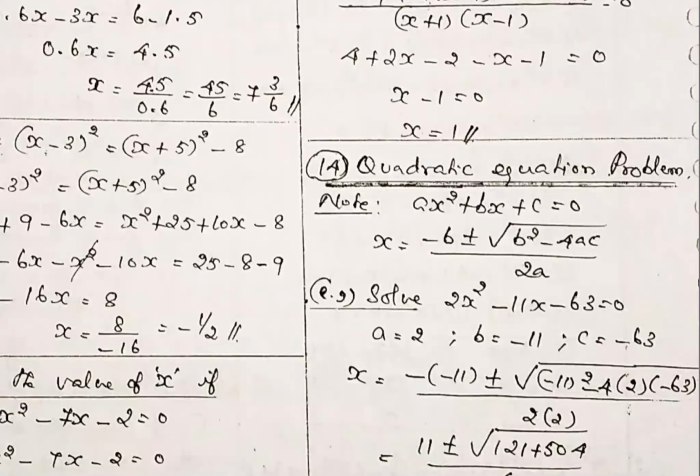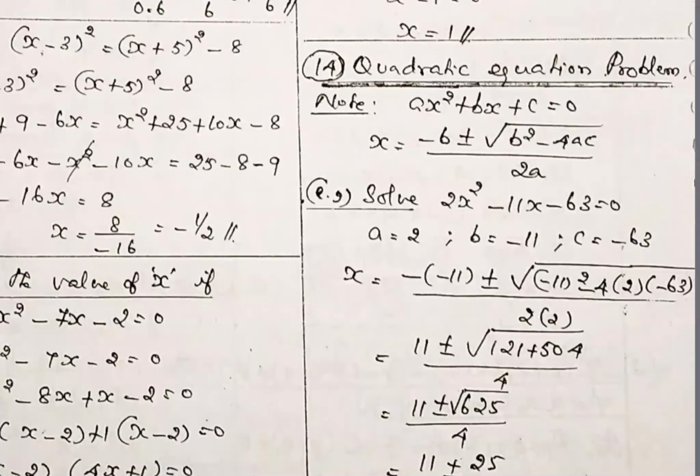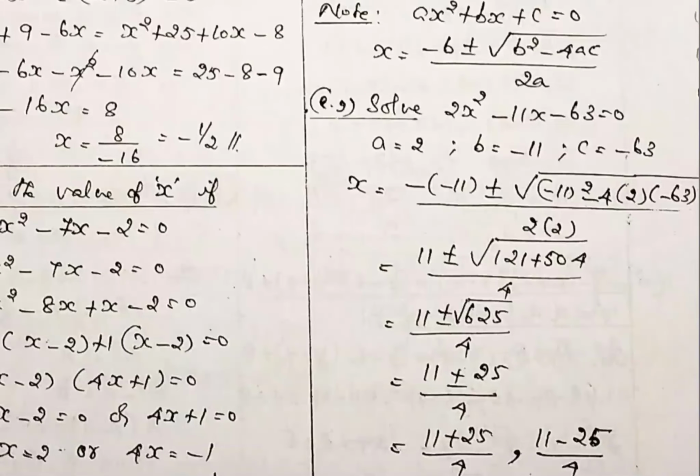x is equal to minus b. The formula contains minus, within brackets b value minus 11, plus or minus root b square, minus 11 the whole square, minus 4 into a value, c value, divided by 2a.